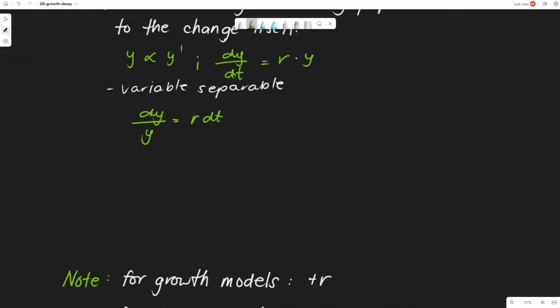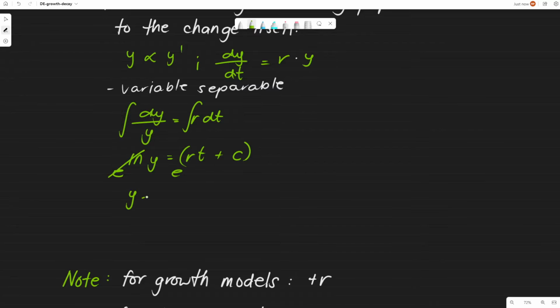By applying anti-differentiation, we will have the natural logarithm of y equal to r times t plus c. That is the equation that comes out. How do we remove the ln? We are after the value of y, so we apply the e and ln property: we raise the whole thing to e.